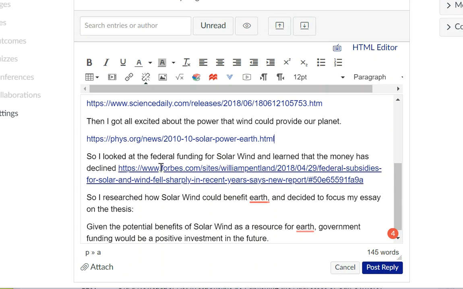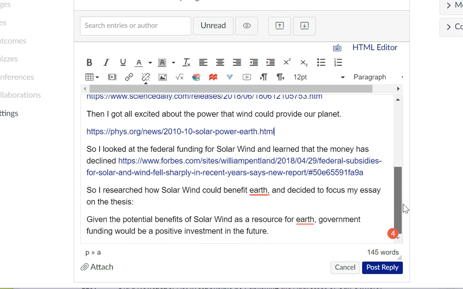So I looked at the federal funding for solar wind and learned that the money has declined. And there is my article that talks about the money that used to be given by the government and has been lowered. So I researched how solar wind could benefit Earth and decided to focus my essay on this thesis.